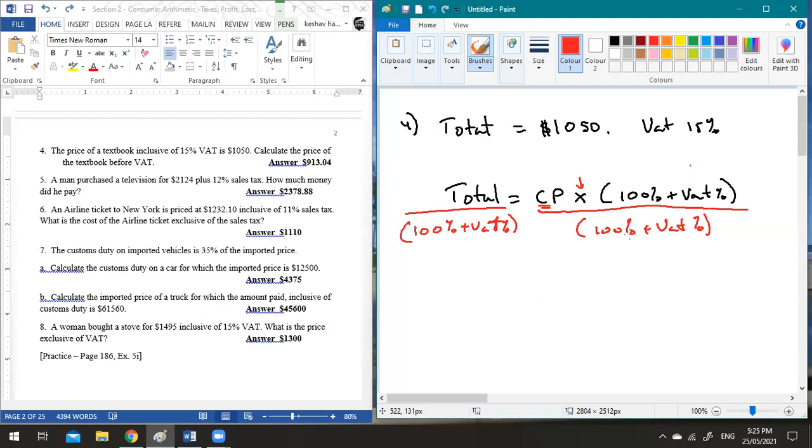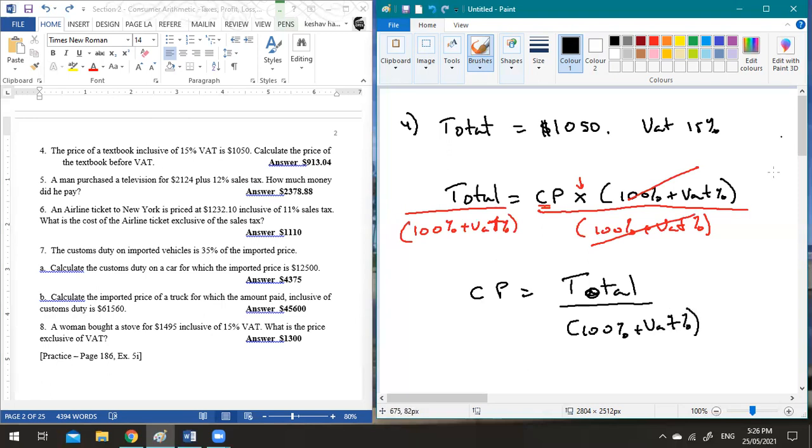So this bracket and this bracket would cancel out. So we'll have the cost price equaling the total amount over 100% plus the VAT percentage.